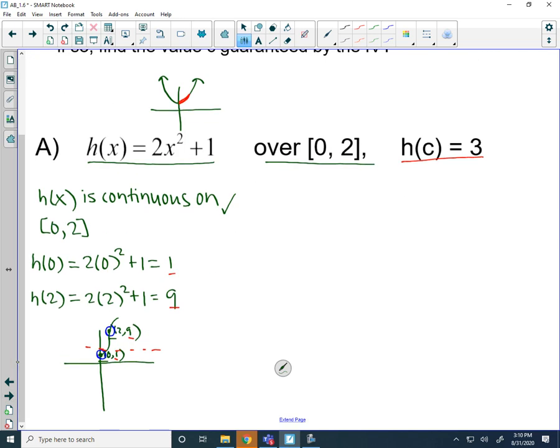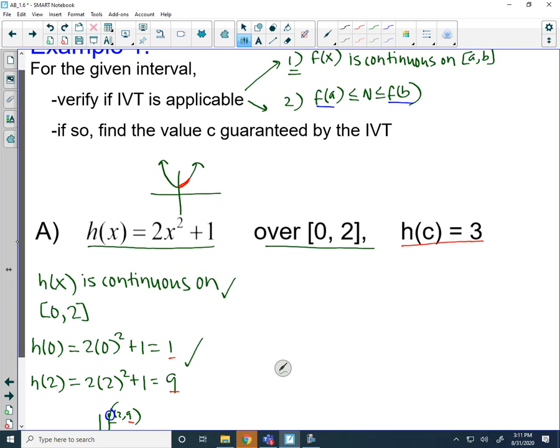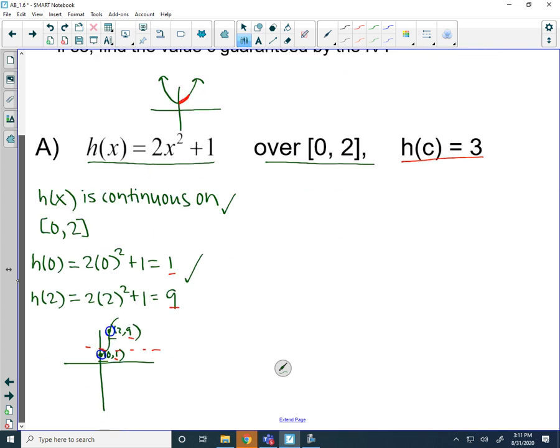So, long story short, I'm doing another mental check. That guarantees that second necessary condition is met. So because our 2 necessary conditions are met, that means IVT applies. So in part A, it said verify if IVT is applicable. So all of this to say, IVT applies.